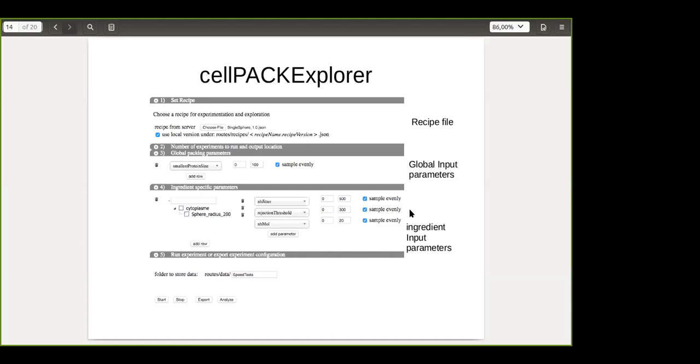The next panel, number 4, is to set up sampling for ingredient-specific parameters. These ingredient-specific parameters model, for example, the behavior of proteins.